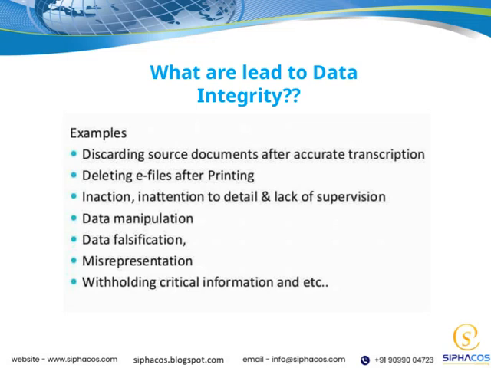So, what actually leads to data integrity issues? Well, there are several key factors that can compromise the accuracy and reliability of our data. First, human error is a major contributor. Mistakes during data entry or updates can introduce inaccuracies. Then, there's system failures or technical glitches, which might cause data to become corrupted or lost. Poor data management practices also play a role, such as inconsistent data standards or lack of proper validation processes.